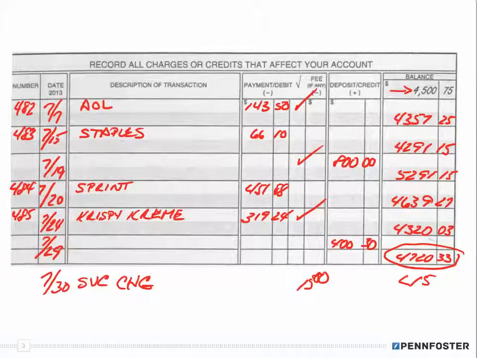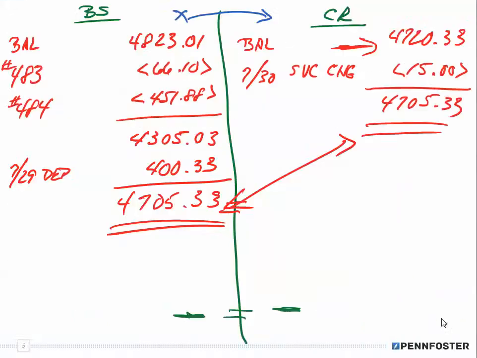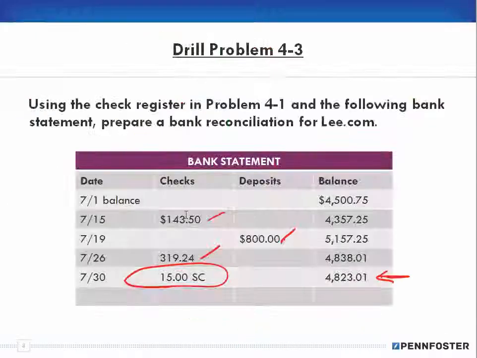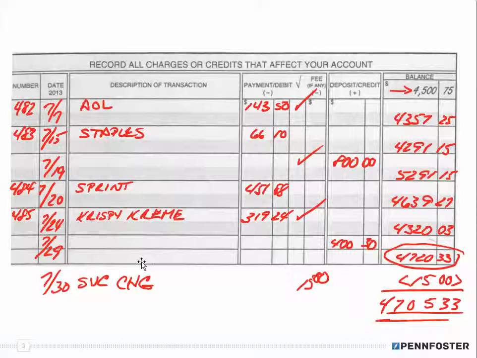So I have to add in the charge, and now I have a new balance of 4705.33, which is my reconciled balance, and now I'm finished. My check register is complete, and I'm done until next month when I get my next statement. So again, I probably would not have written that there, and I would just have the new balance here.